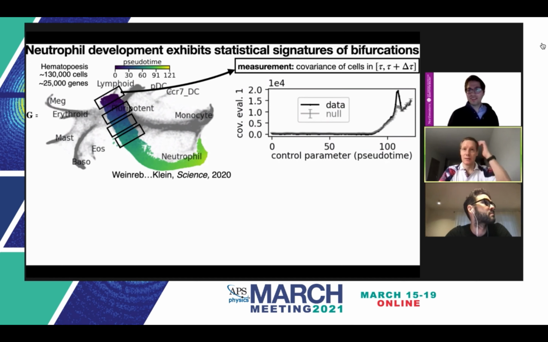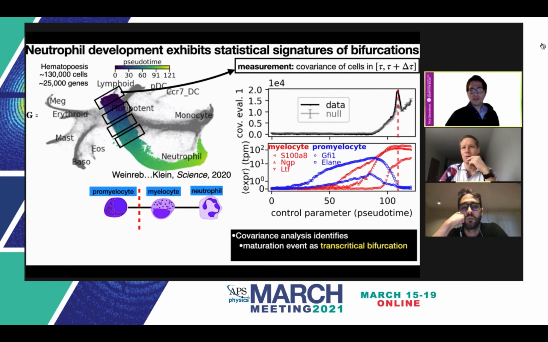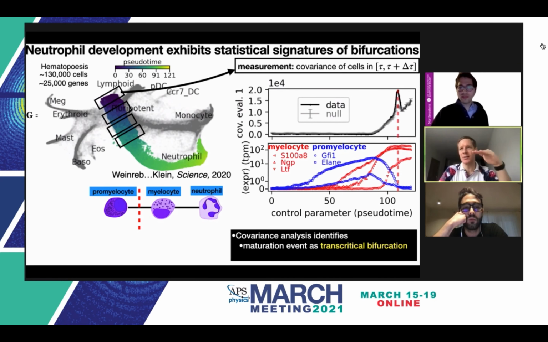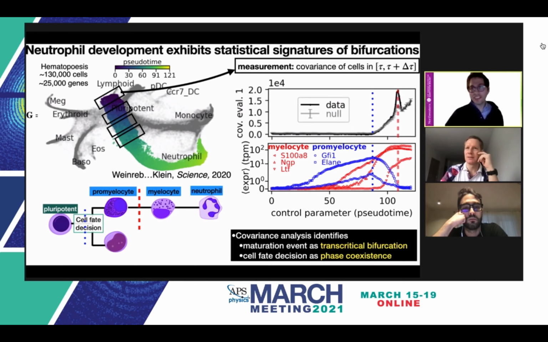Right. Okay, so can you then also show the rest of the data on this slide? Yeah, sure. Here you see that the covariance is pretty much 0 at first, and then it starts increasing, and then you have this spike. At this spike, you said this is where the bifurcation happens, the transcritical.